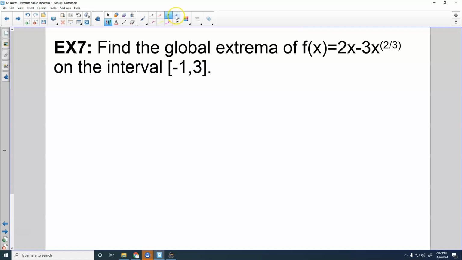In this case, our derivative is going to be 2 minus 3 times 2/3, which will just give me 2, and then x to the -1/3. Before you set this equal to 0, it might be helpful to send that negative exponent back down to the bottom and maybe even change it to a root.